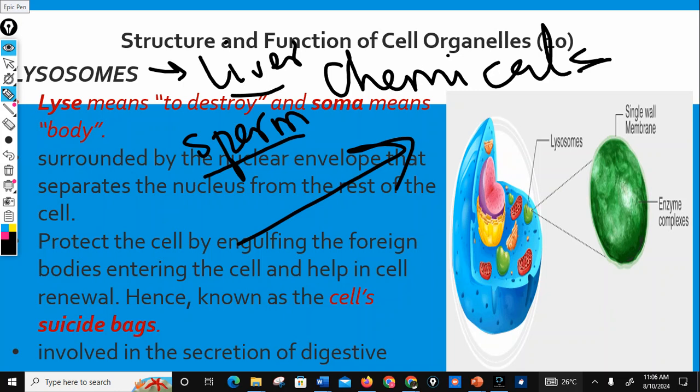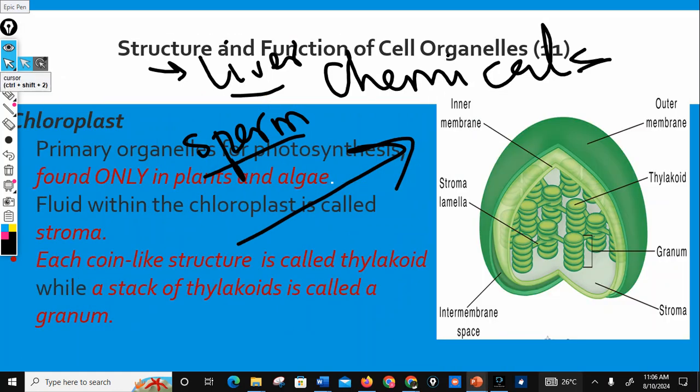I forgot to mention something. I think I remember something about the ribosome. I'm sorry for digressing. The ribosome in our cell, in the animal cell, is about 40%.